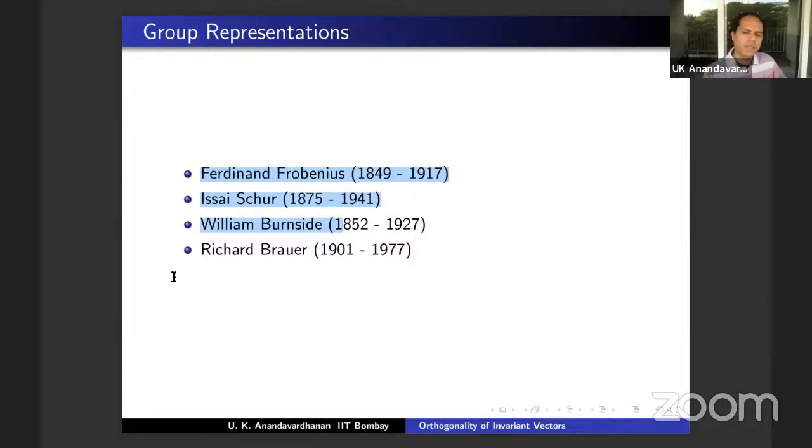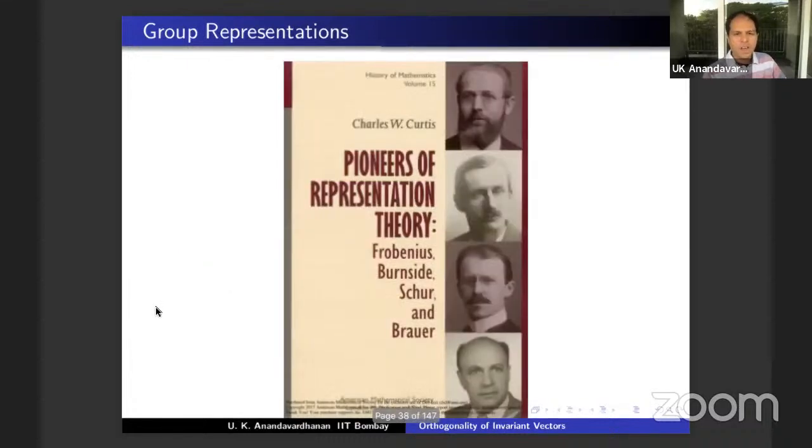So these are the famous people. I mean, of course, there are many more people, but if one has to name four distinguished names from classical representation theory, the highlighted three from characteristic zero and Richard Brauer from characteristic P. And I did not name these on my own. This is what everyone mentions.